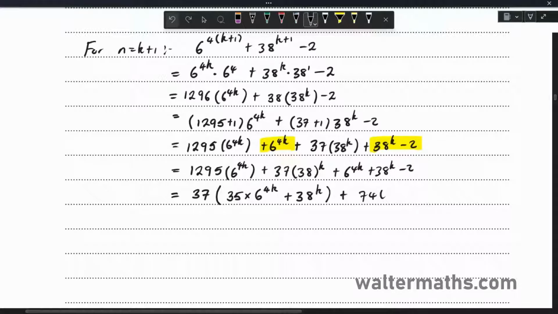I'm going to say, since 35 times 6 to the power 4k plus 38 to the power k are multiples of 2, therefore I'm going to say they are equal to 2m.